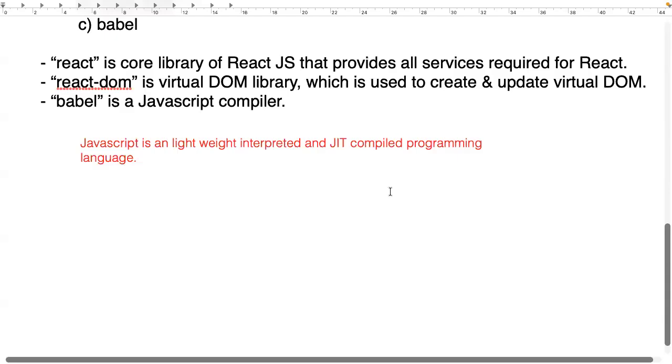V8, Babel, Node, these are the names of compilers used by JavaScript. If you are using JavaScript in the browser directly, then it uses an interpreter. Every browser has a JavaScript interpreter, as you learned in browser architecture.